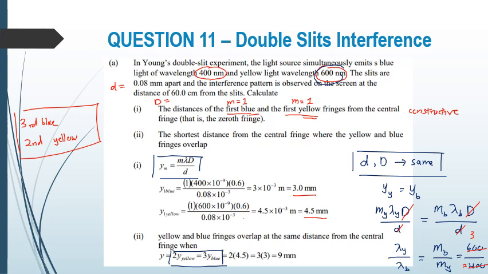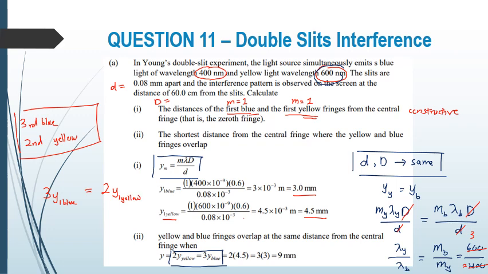But how? From question 1, we know that the location for first blue is 3 mm. Therefore, the location for third blue would be 3y1 blue, equals to, now the location for first yellow, we got 4.5 mm. So the location for the second yellow would be 2y1 yellow.